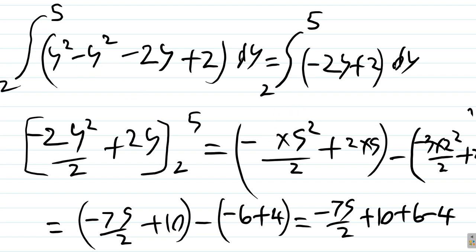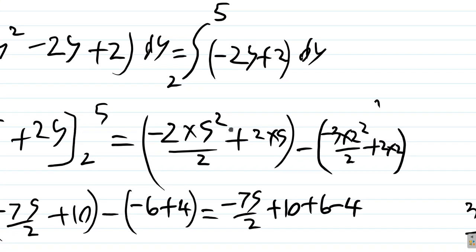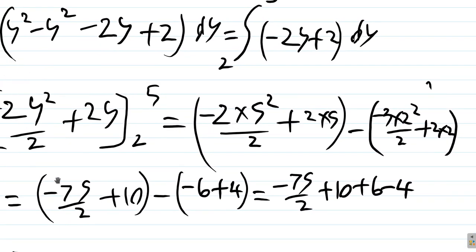So this should be negative 2 times 5 squared over 2 plus 2 times 5, 10, minus then 2 times 2 squared over 2 plus 2 times 2 is 4.